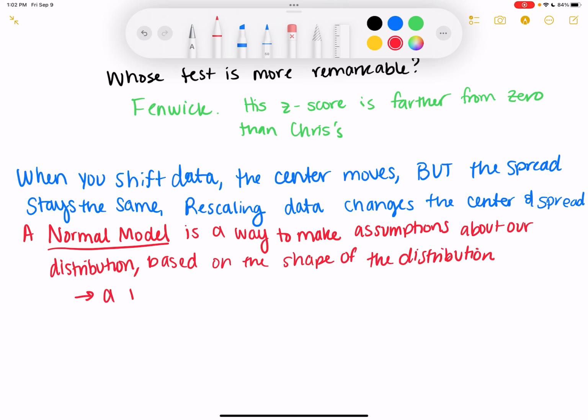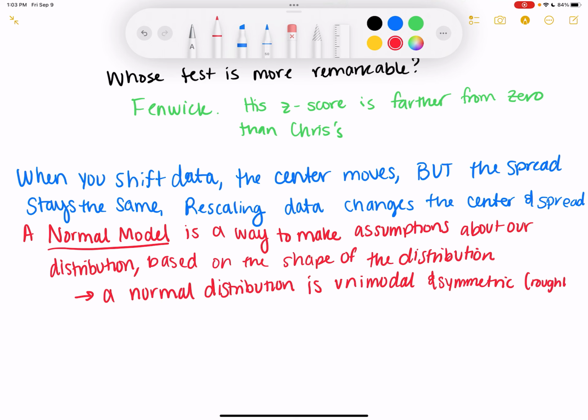A normal model, normal distribution is unimodal and symmetric. Okay, we would say roughly. It could be a little bit off, so it's not going to be perfect.